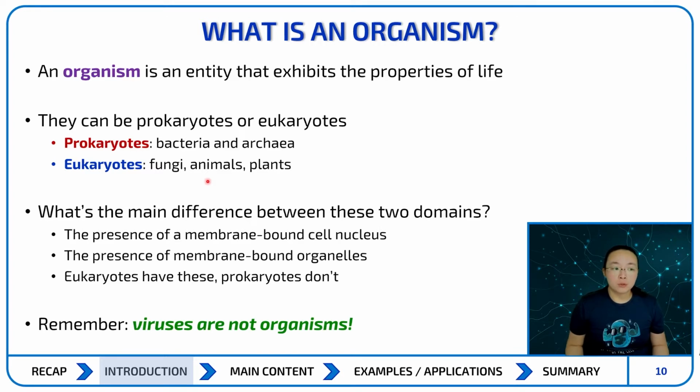In terms of prokaryotes, bacteria, animals, and plants, we are capable of self-reproducing within our own bodies. So, humans can have babies, plants can germinate and everything. But viruses, they don't self-replicate.